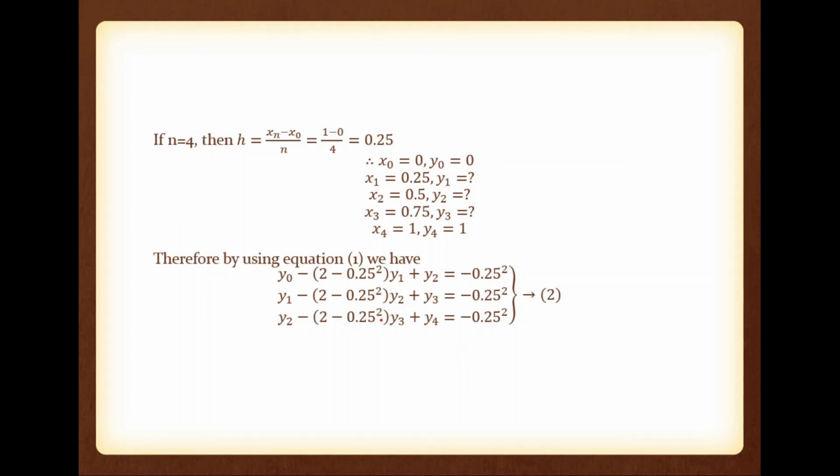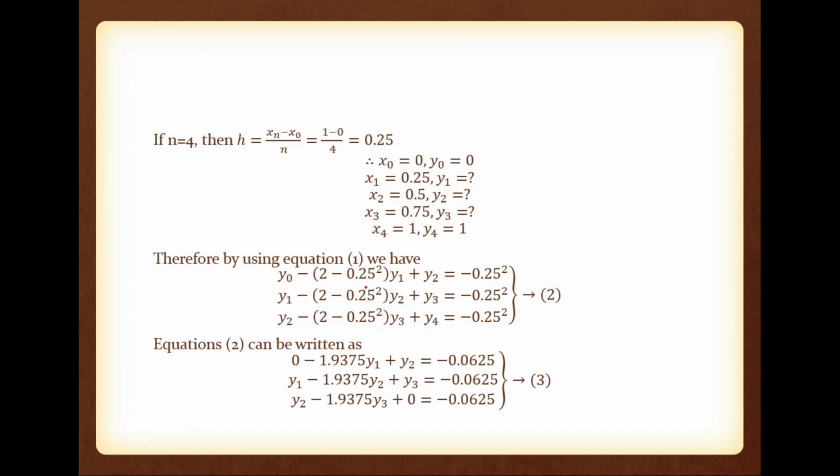Now we are going to solve this. Please note, y0 is not an unknown, so we can replace y0 with 0. We have y4, so we can replace y4 with 1. The unknowns are y1, y2, y3, and we have three equations. Substituting 0 and 1, the first equation is minus 1.9375 y1 plus y2 equal to minus 0.0625.